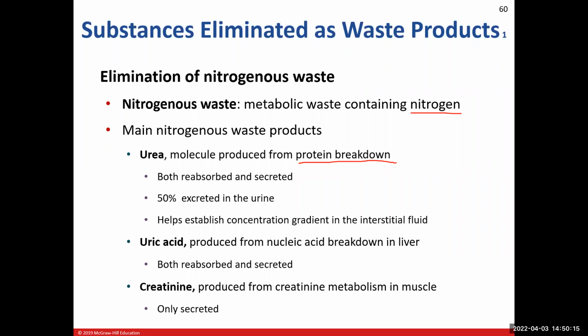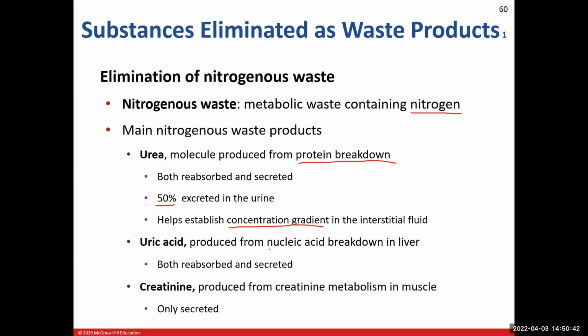Pretty much we're going to get rid of about half of the urea in our urine. And because of this, this helps to generate a concentration gradient. And that will influence the movement of urea from the collecting duct and the nephron loop.